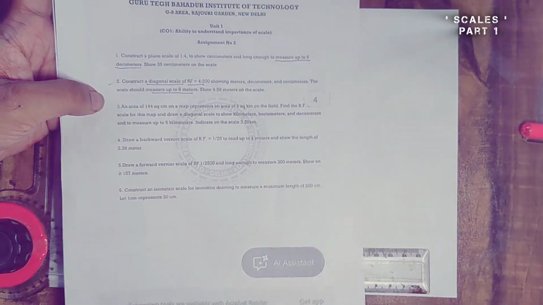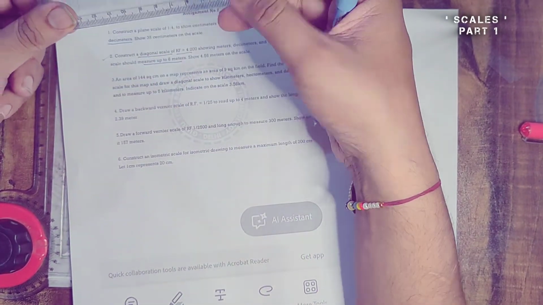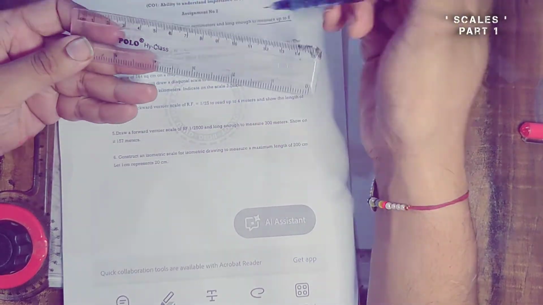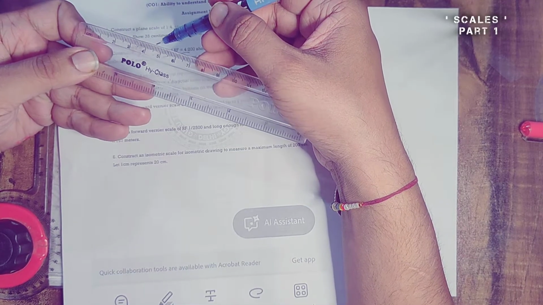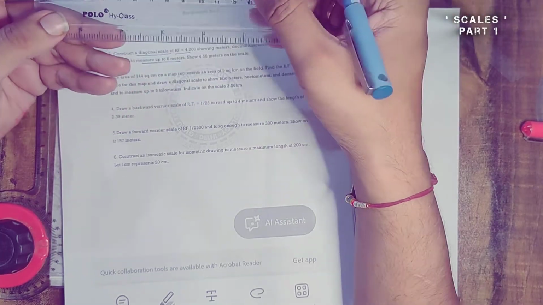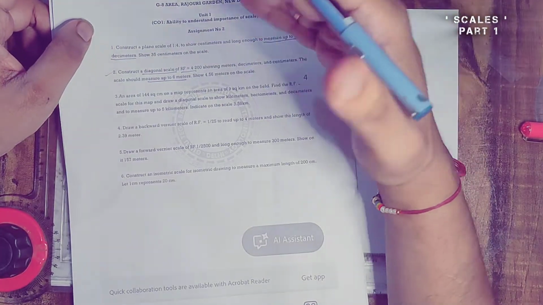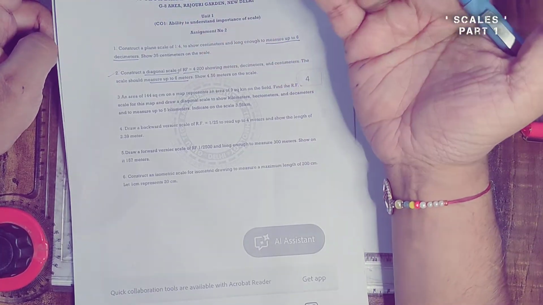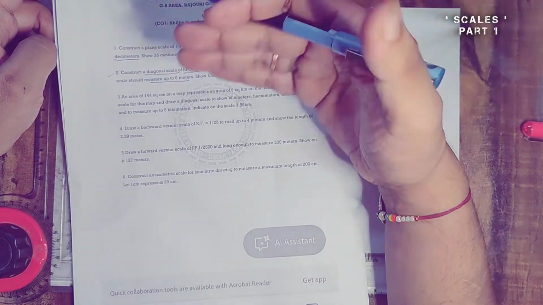In a general scale we had a minimum resolution of 1 mm. We can't measure 0.1 mm over this scale. So basically in diagonal scale we can go for 2 digits after decimal for the calculation. So its resolution is one more step ahead of the plane scale.